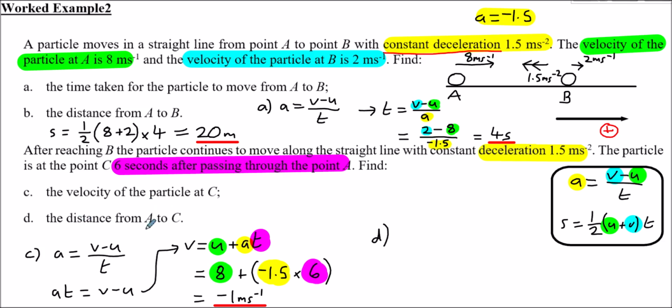This is the displacement. So we can use this formula for S, where S means displacement. S equals a half, brackets, U plus V, times T.